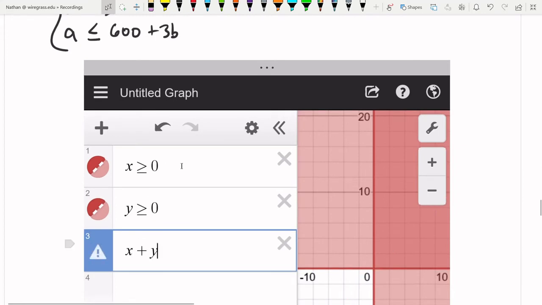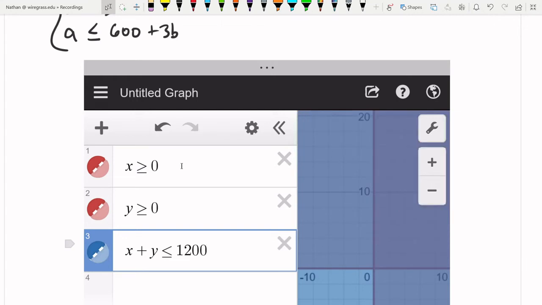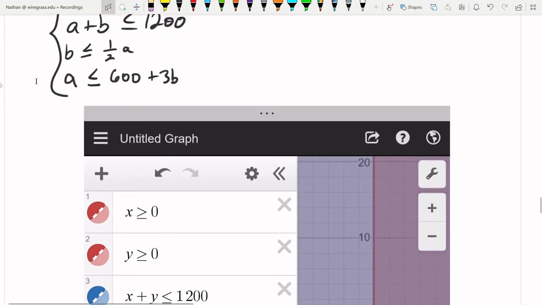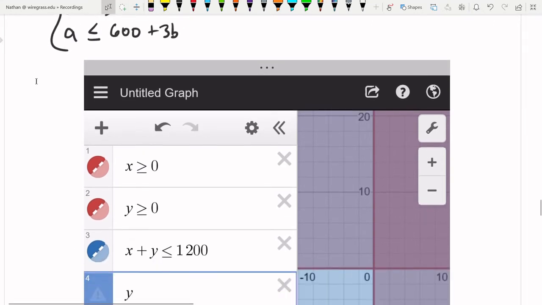X plus y must be less than or equal to 1,200. We had y must be less than or equal to 1/2 x.